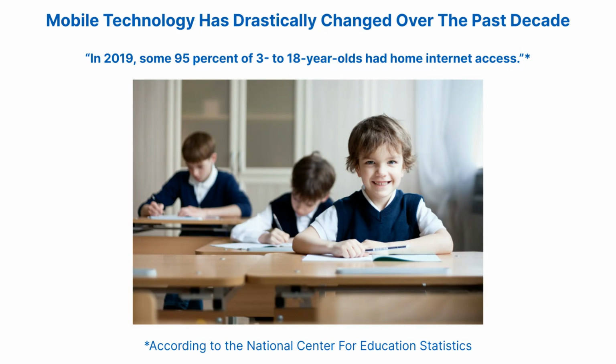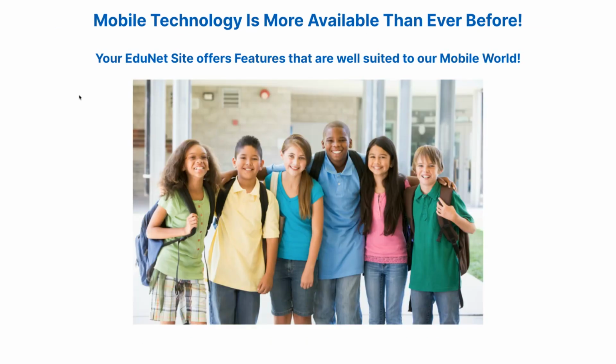In 2019, 95% of 3 to 18-year-olds had home internet access. And this was prior to COVID, and COVID even increased that further. So access to mobile technology has grown and drastically changed. What this means is that mobile technology is more available than ever before.